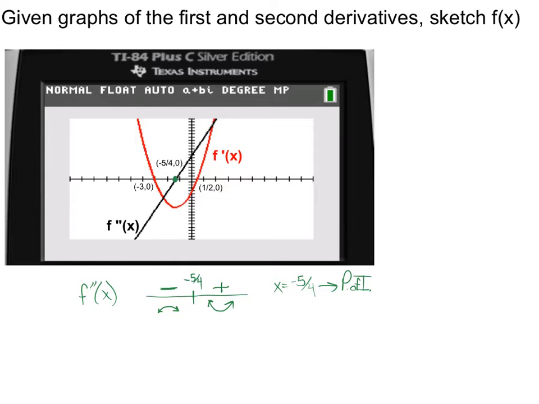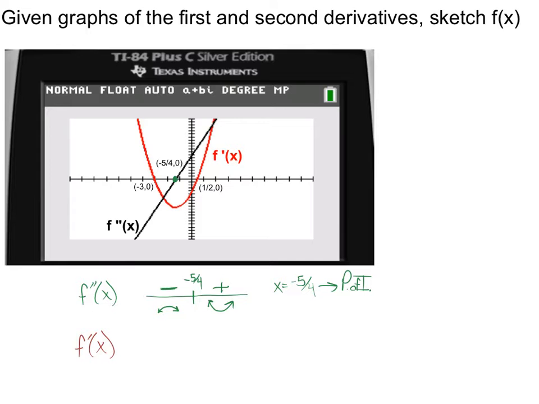Okay. So, we've got our second derivative, and now we know a little bit about our original function already. So let's look at the first derivative. What do you see with our first derivative? It's a parabola. It's got zeros at negative 3 and 1/2. Good. They're critical values.